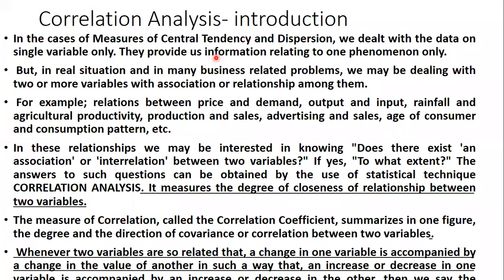You will have years 2000, 2001, 2002, and then you will only have, let's say, sales: 92,000 units, 45,000 units, 101,000 units. So there is only one data, that is sales. Years is not considered here.